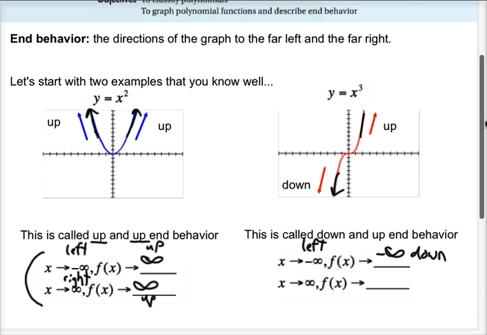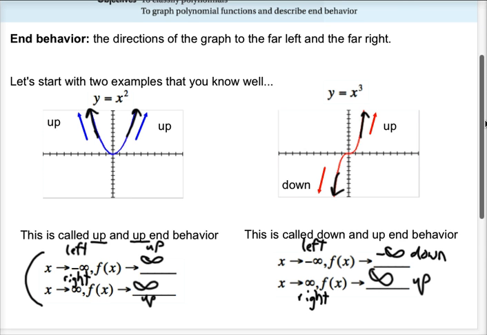And as our function is going to the right, on the right-hand side of the function, what's it doing? Well, it's going up. And again, up meaning positive infinity. So really all we're doing is looking at what's it doing to the left, what's it doing to the right. Okay? Again, we're starting with two functions that hopefully you guys are pretty familiar with.